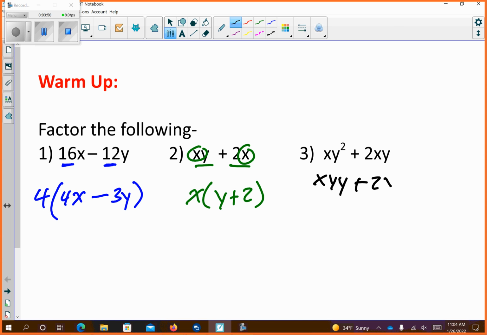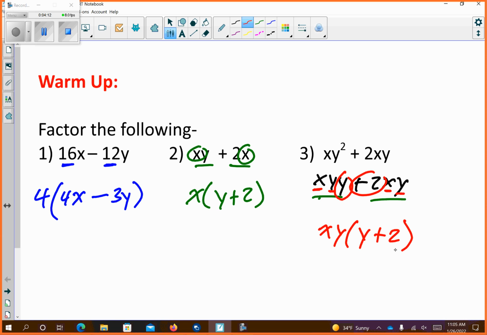And then I have 2xy. What do I have in common between those two sets of terms? X and a y. So an xy comes out front, and then I am left with a y and a plus 2. And it's done. We've unfactored them.